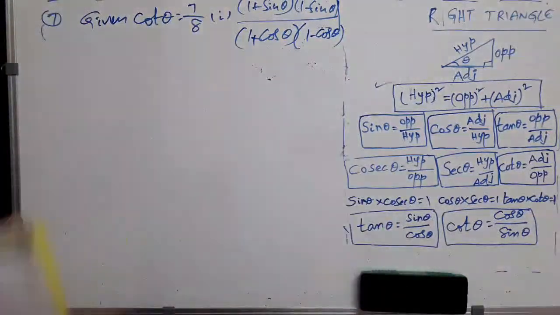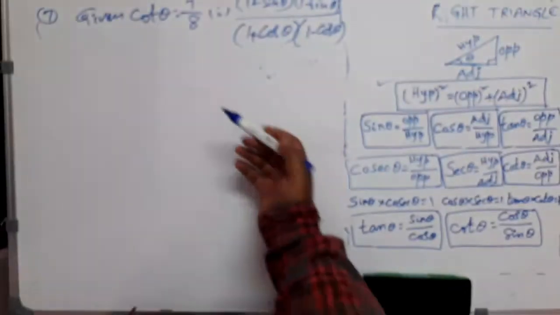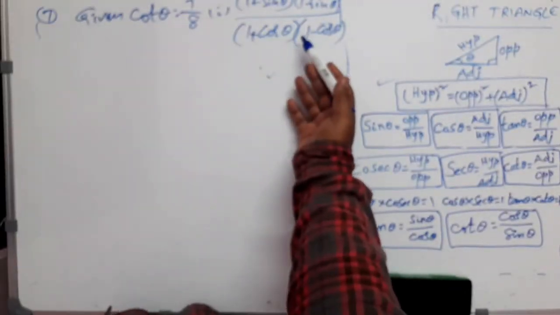You are supposed to find the value of this expression. The second part is 1 plus sine theta divided by cos theta. See, one ratio is given. You are supposed to find the values of some more ratios, substitute here and simplify. That's all you're supposed to do.